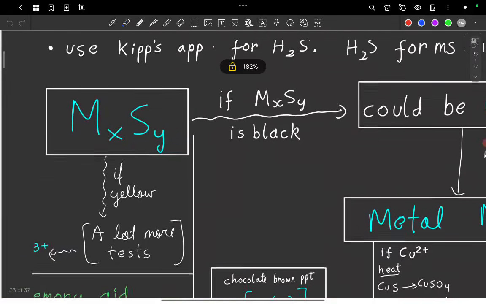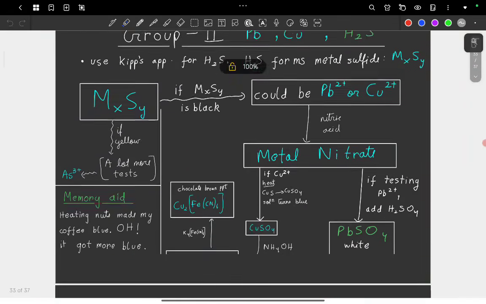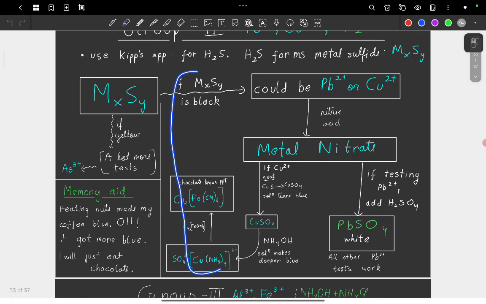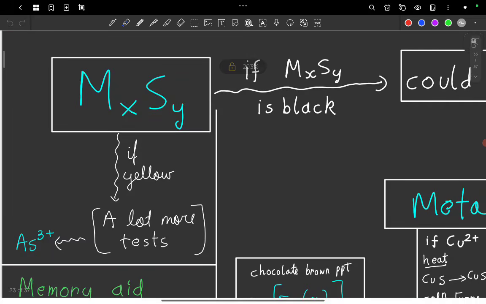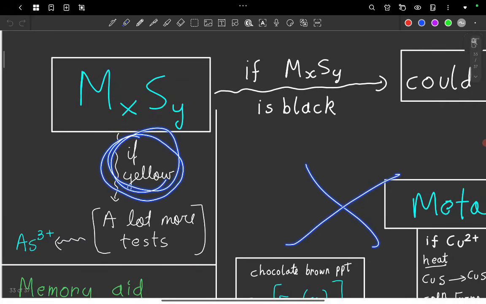So I'll tell you a side reaction first. If nothing which is mentioned here is there and you still see a metal sulfide, so just know that if anything other than what is mentioned here has taken place, then the arsenic ion is confirmed. Like they can ask you in the MCQ.